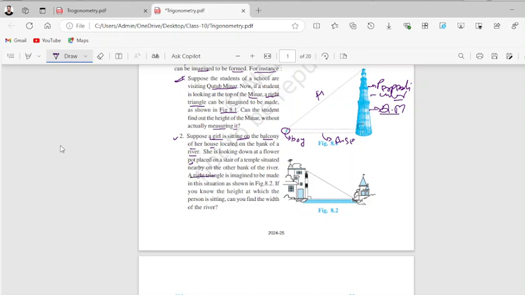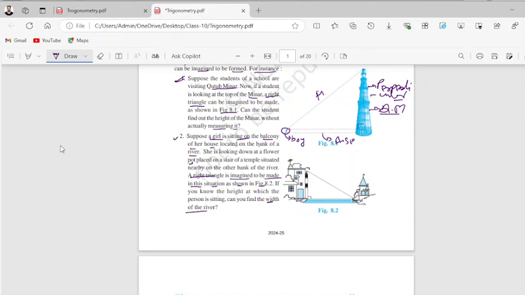A right triangle is imagined to be made in this situation according to the given diagram. If you know the height at which the person is sitting, can you find the width of the river?